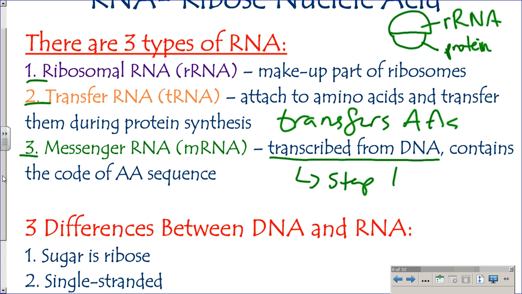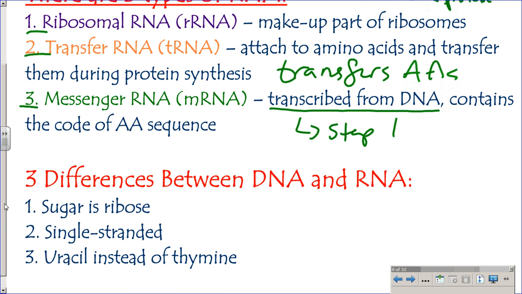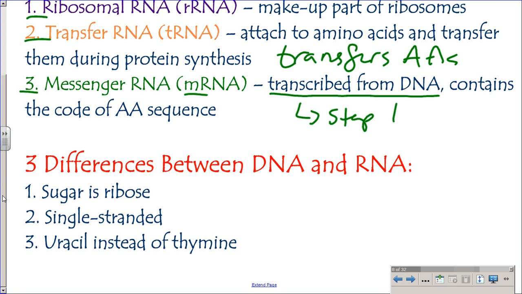It's going to contain a code, and that code is going to help us in the end tell the tRNA what it needs to bring in terms of amino acids to make the protein. So they all work together in the end, but there are three distinct types of RNA. All right, so the messenger one is the one we're going to talk about first, and it's labeled M for mRNA.